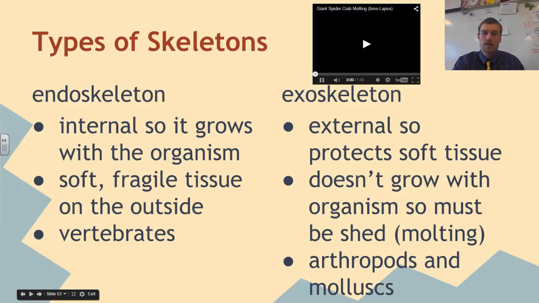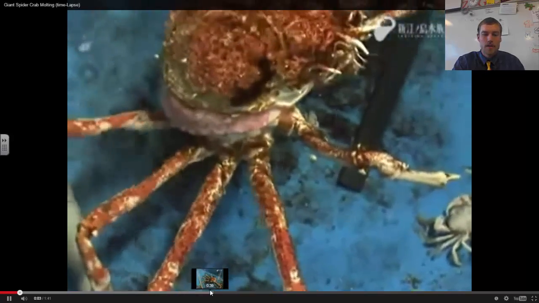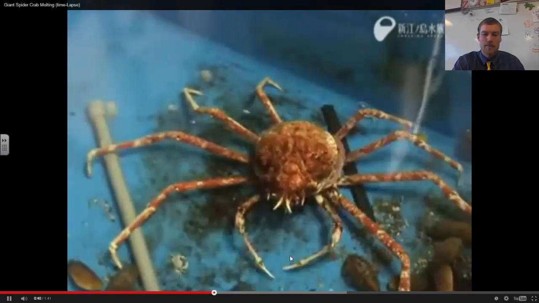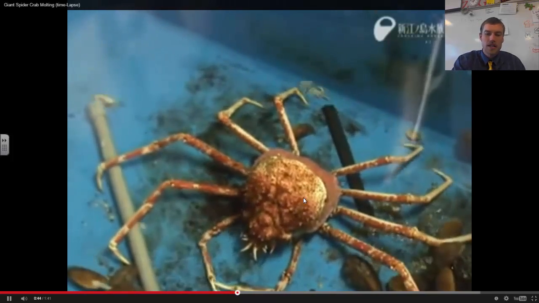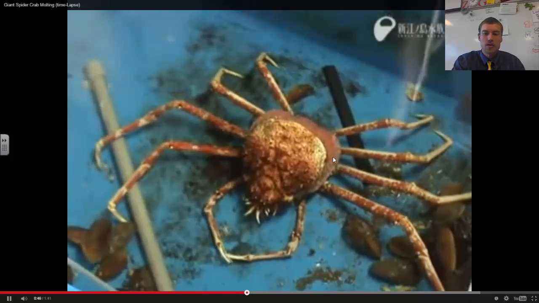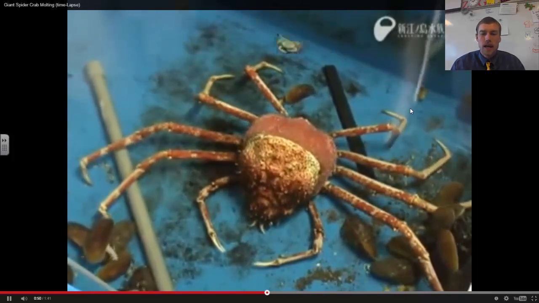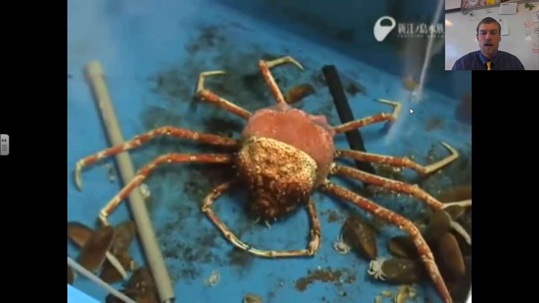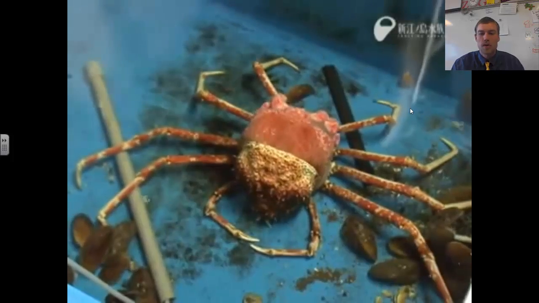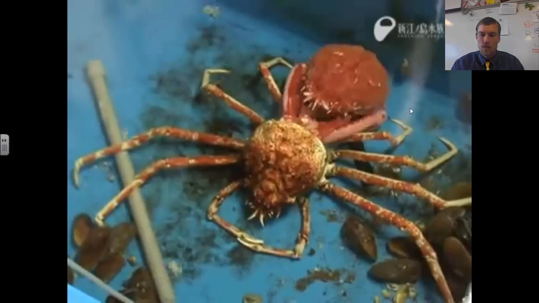I've got a quick video that shows this process in a time lapse. It's pretty cool, I think. So you can see here that the crab is coming out of its shell. This is the shell right here, and it is currently molting, pulling itself up out of the old shell, which was getting too small, and it will then create a new exoskeleton over time.